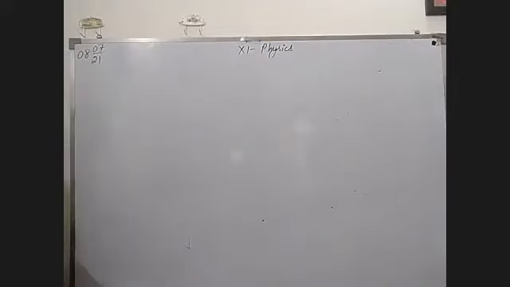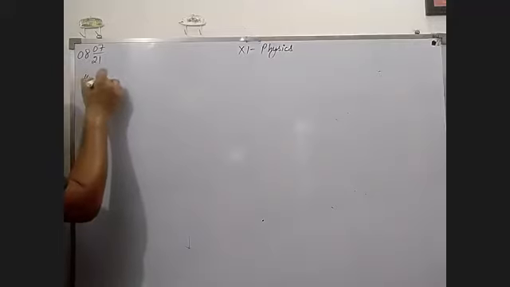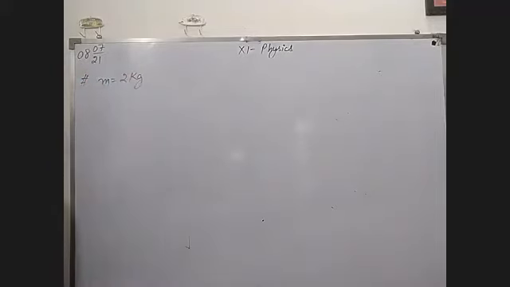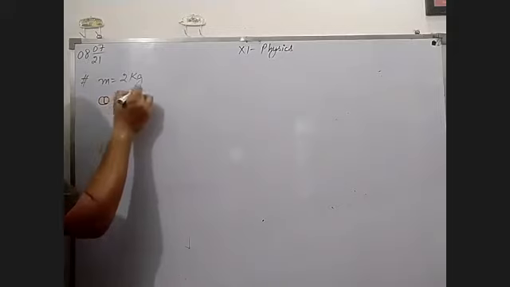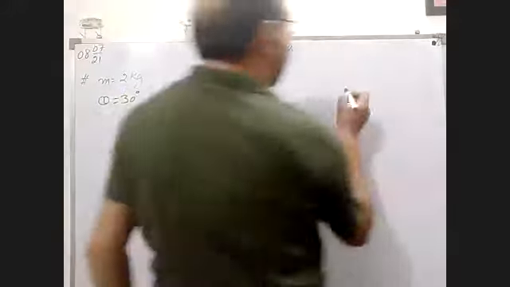A mass of 2 kg lies on a plane making an angle of 30 degrees to the horizontal.